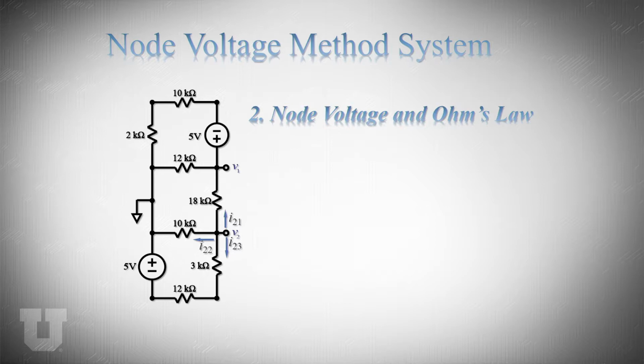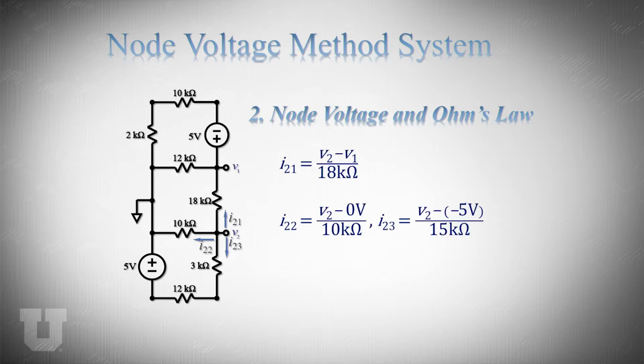Okay, now let's find the currents in the second node, V2. I21 here is just V2 minus V1 divided by 18K ohm. I22 is again the initial node voltage V2 minus the second node voltage, which here is reference and is 0, divided by the resistance in the branch, which is 10K.